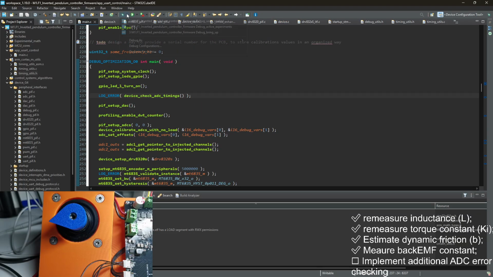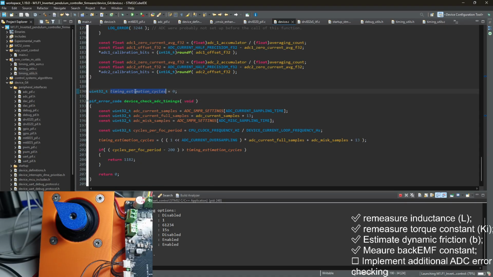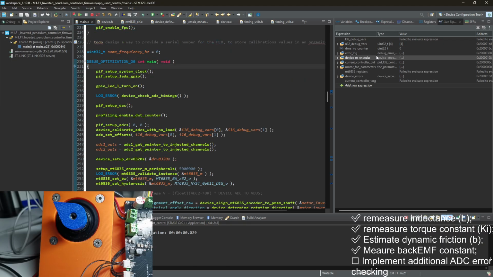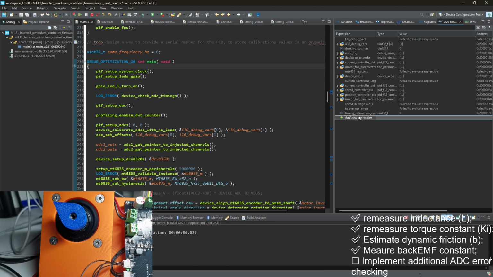Now let's try it. I know what the issue is and how to solve it. Let's add this. This is incorrect.